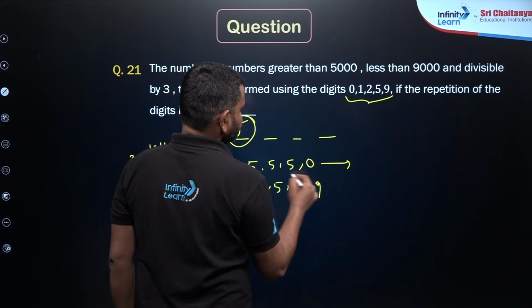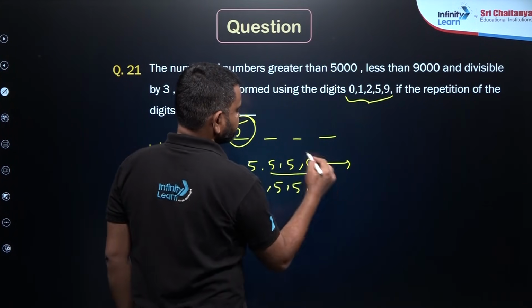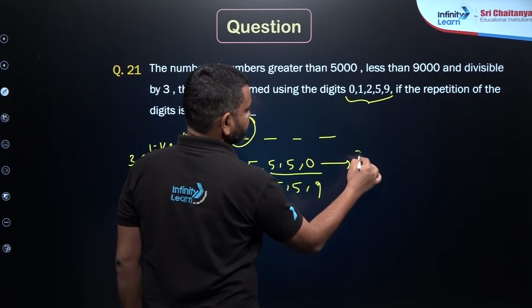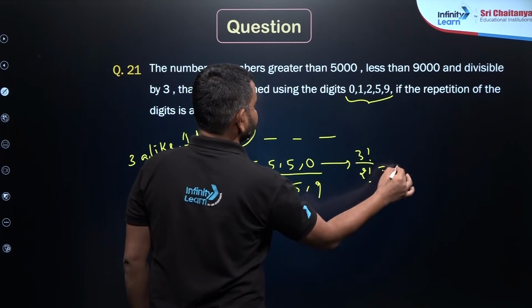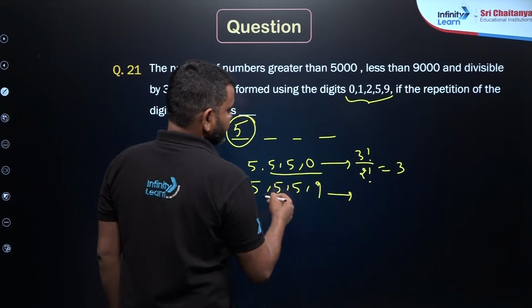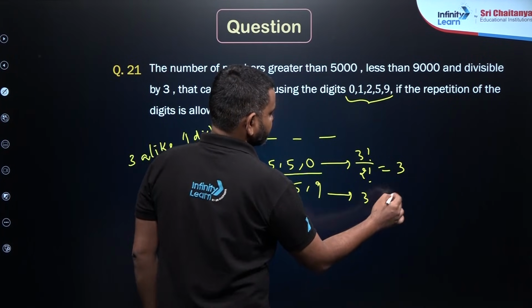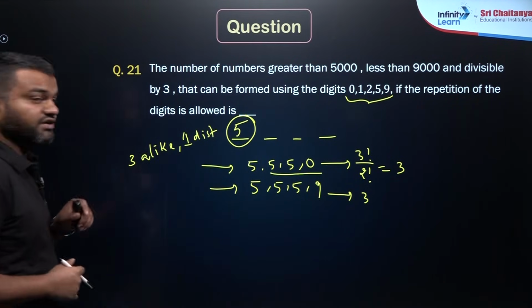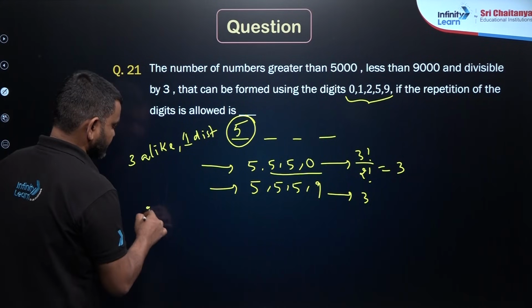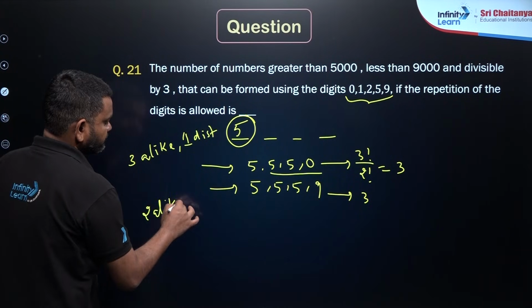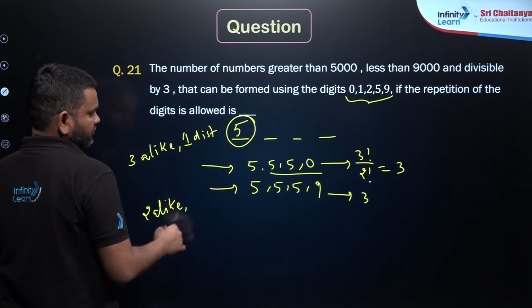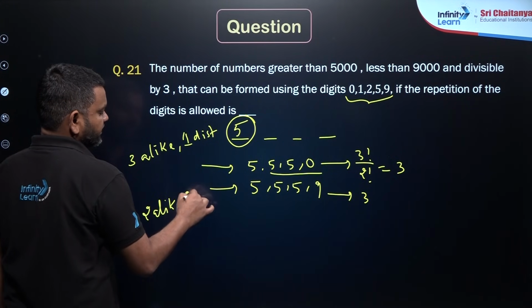So here I am actually writing these 3 digits, right? So 3 factorial by 2 factorial, since 2 are the same, this is 3 number of ways. Here it is again 3 number of ways. 3 alike, 1 distinct. So next, 2 alike, 2 alike, let us say.